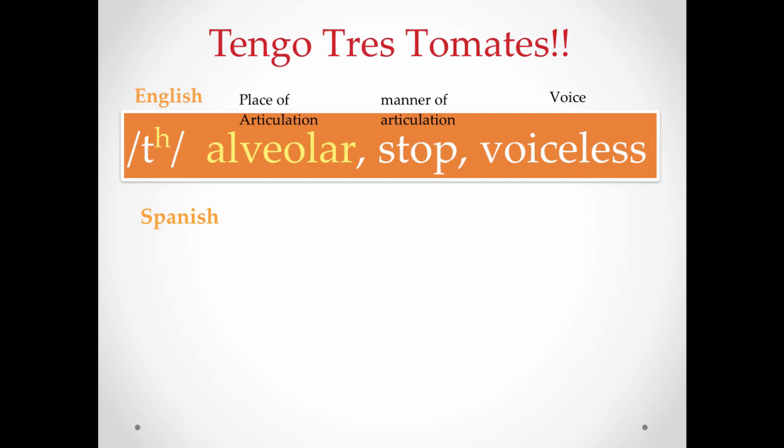So when he or she is trying to pronounce the Spanish T, it is logical that that person uses the English T even if they are trying to speak in Spanish. As a consequence, it is not illogical to expect that students from a native English background will be pronouncing that phrase as tengo tres tomates.